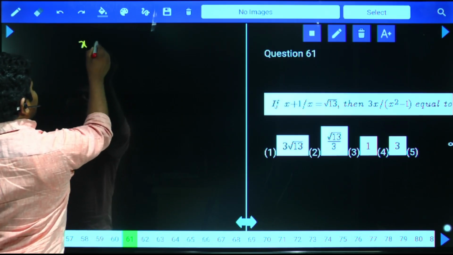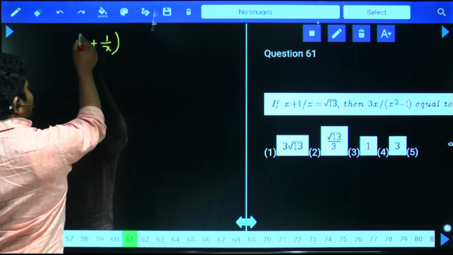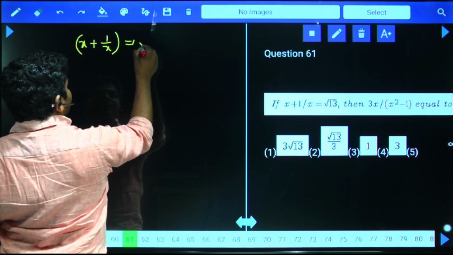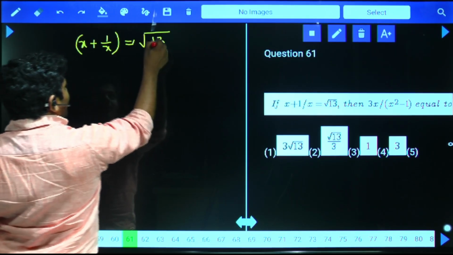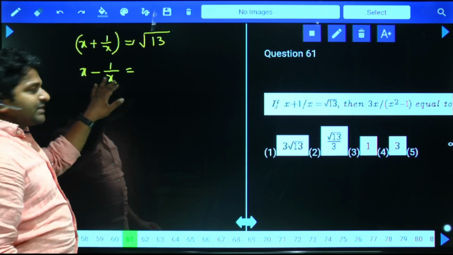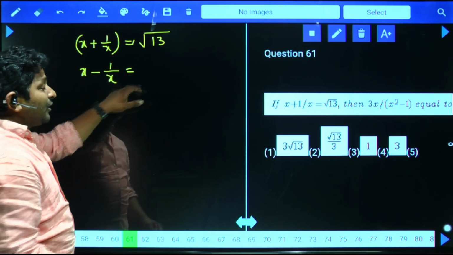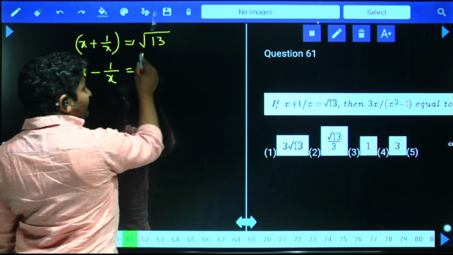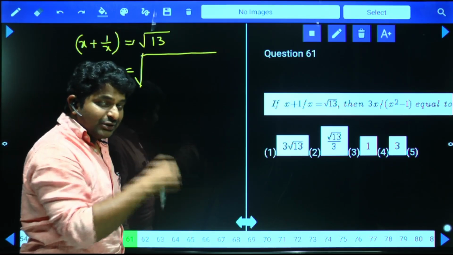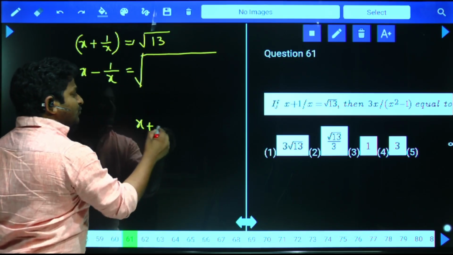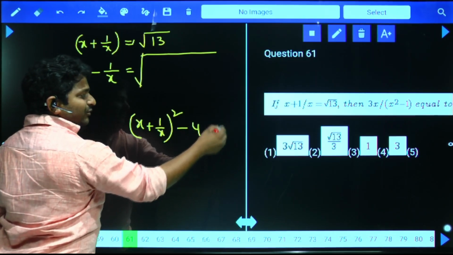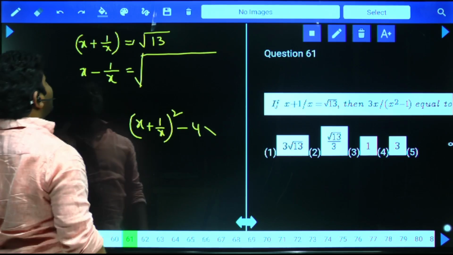Now, if x plus 1 by x is equal to root 13, now using this we can directly calculate 1 by x minus 1. 1 by x minus 1 in the sense under root of x plus 1 whole square minus 4 into x into 1 by x. X plus 1 by x whole square minus 4 into x into 1 by x. That gets cancelled, and finally we will have only 4.